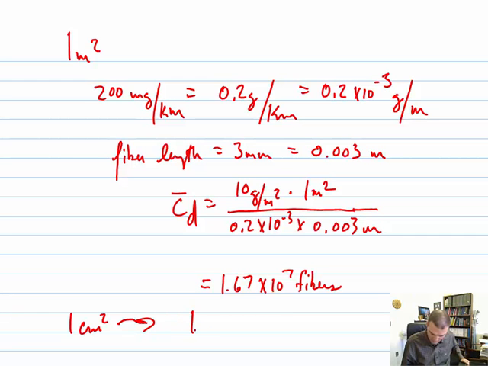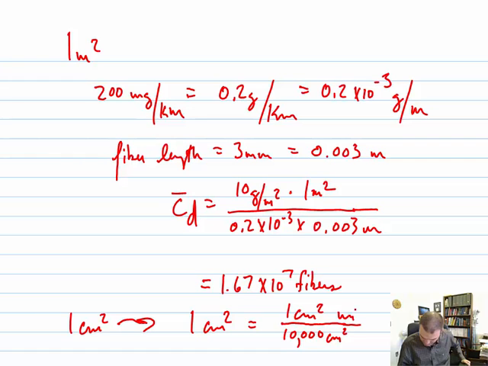So 1 centimeter squared is equal to 1 centimeter squared divided by 10,000 centimeters squared per meter squared.